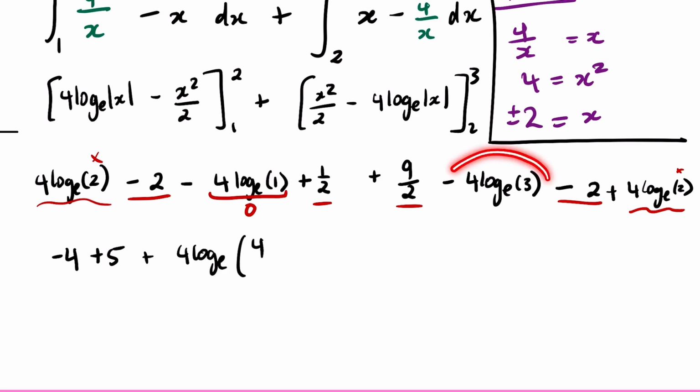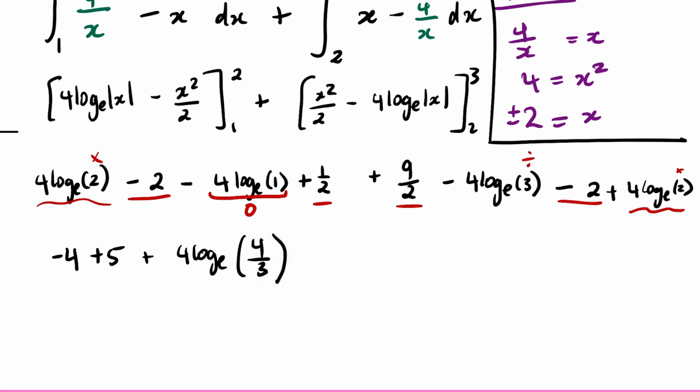And then when I'm subtracting a log, I need to divide by it, so that'll be 4 on 3. So hopefully that made sense there. When you add 2 logs, you multiply the insides, and when you subtract the log, you divide by the inside. So that was 2 times 2 divided by 3. So that's how we ended up with 4 on 3.